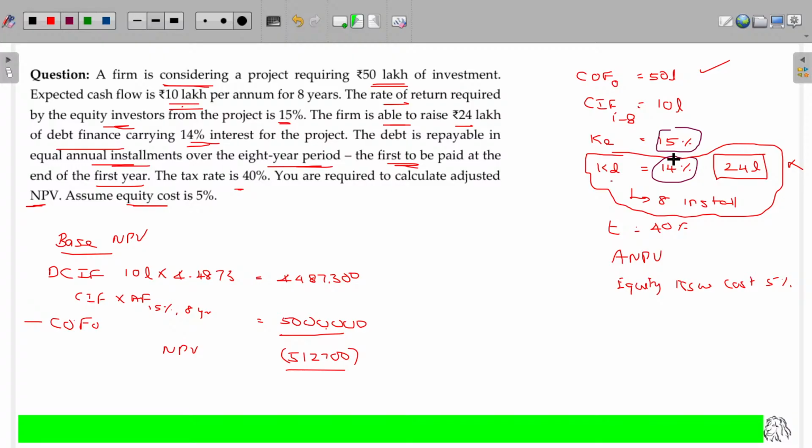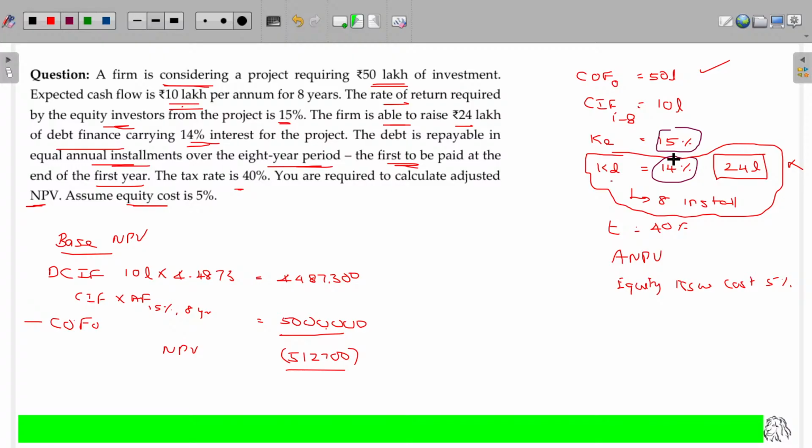That interest is debited to the P&L account, so profit will go down. For the reduced profit, you pay lesser tax. There's a tax saving. So if you include the debt component for financing, there is a chance that cash inflow is higher than cash outflow, so a positive NPV may be possible.